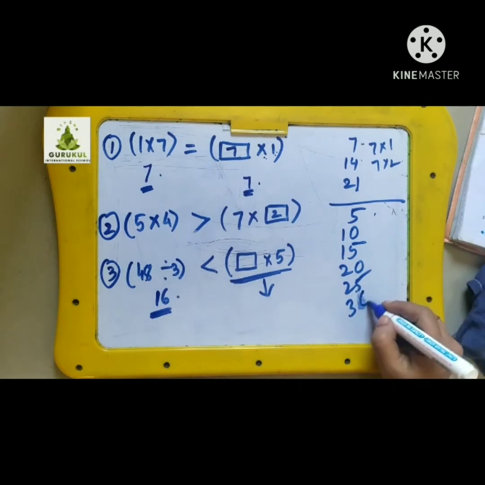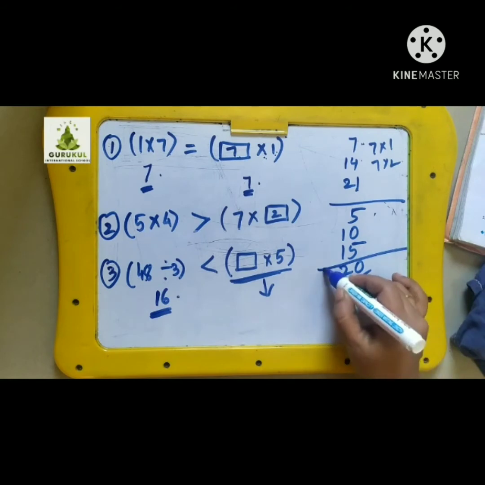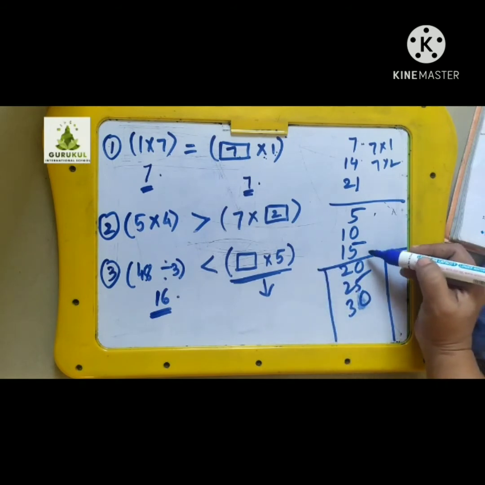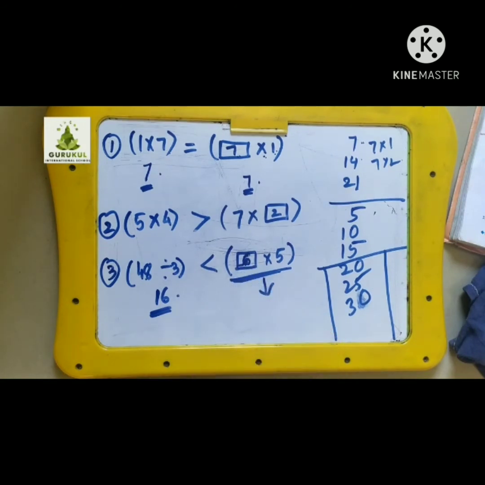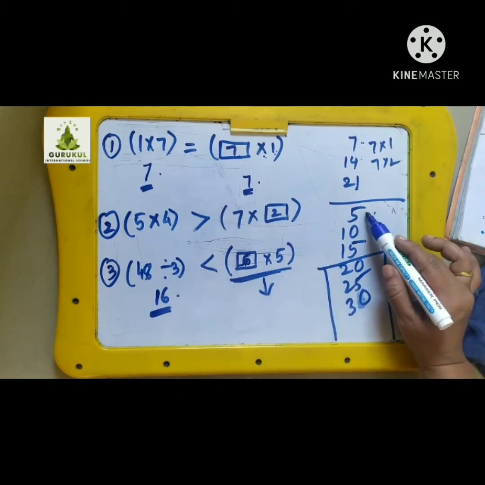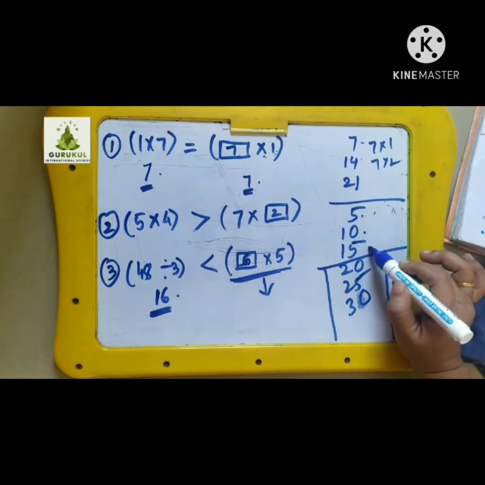Here see, now here you can choose any number above 15. That is 5 3s are 15. After that you can choose any number. I can say 4 into 5. I can say 5 into 5, I can say 6 into 5, I can say 7 into 5. Any number, only the thing is it should not be either 1s, 2s or 3s.